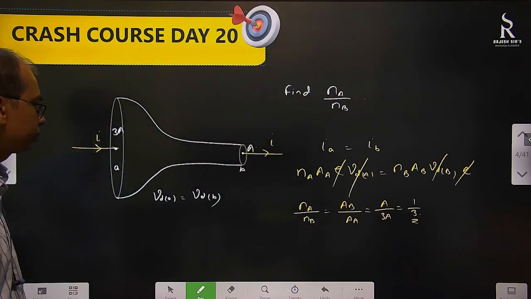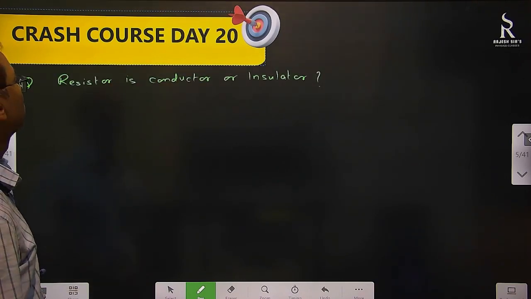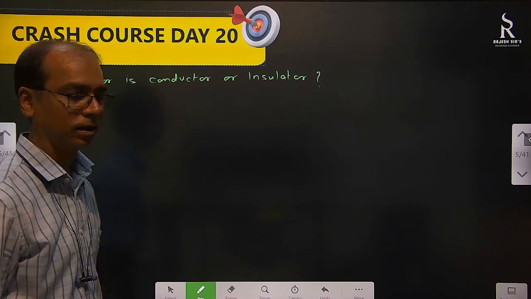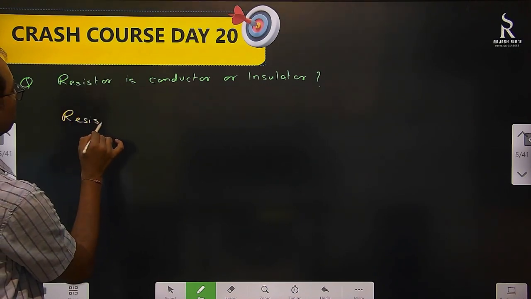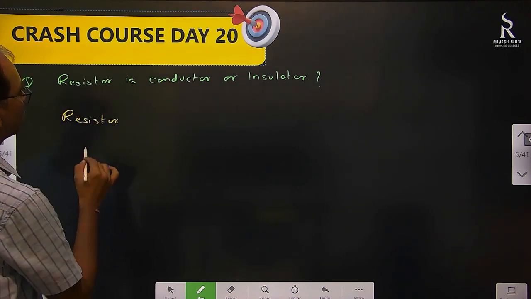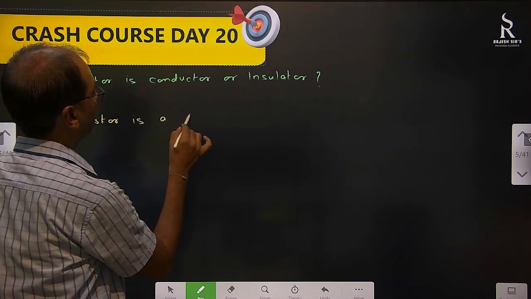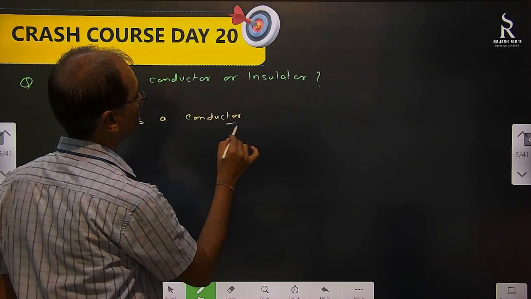Okay, fine. Let's see then. Is a resistor a conductor or an insulator? Resistor is a conductor. How can we say? Because through this one current is passing. Through this one, current is passing or not passing? Passing. Electrons are on its surface or not?